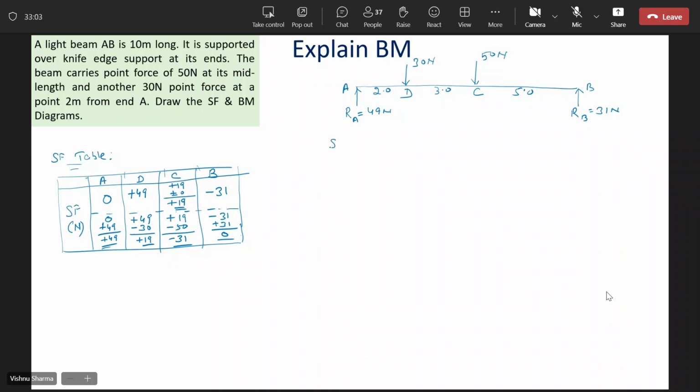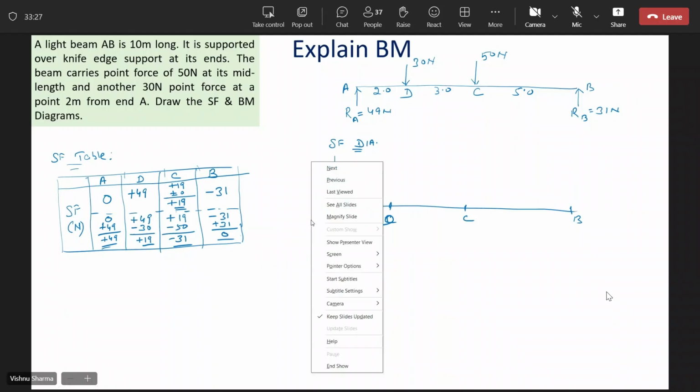Based on this SF table, let's make the SF diagram. We'll calibrate the scale accordingly, guys. I will not spend time on calibration. You know it. So I'll just draw the SF diagram.